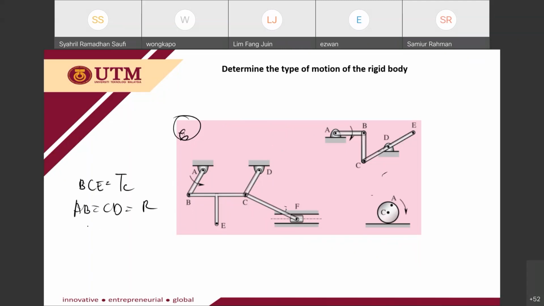Okay, CF, what would be the motion of CF? General plane motion. CF is general plane motion. F is rectilinear translation.